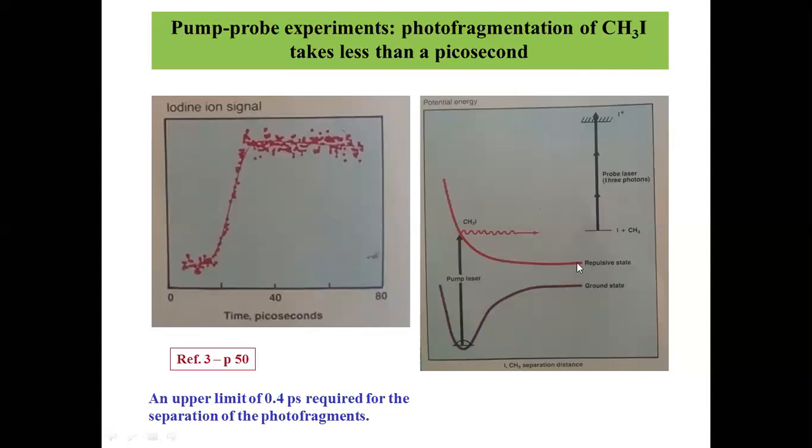If we do that and slowly vary the time delay, what we realize is that until almost 0.4 picosecond there is no intensity. After that, it slowly increases, because at 0.4 picosecond it is almost dissociated, and then the resonance condition is set for the ionization of iodine to I plus. Okay.